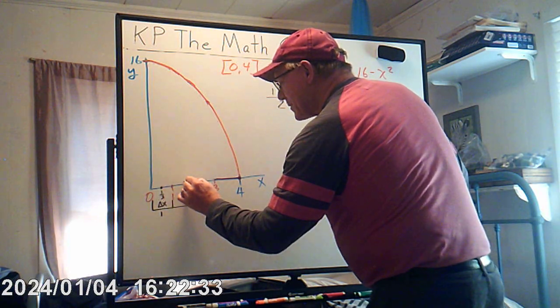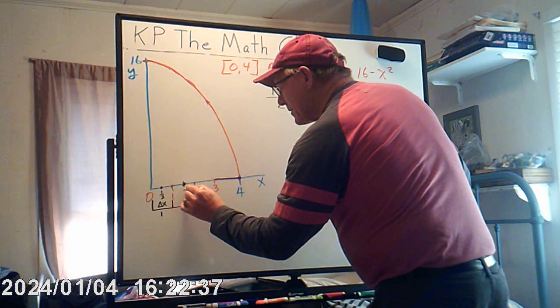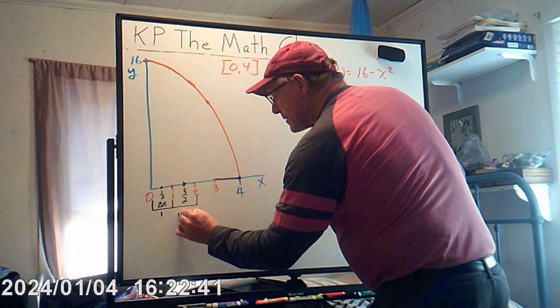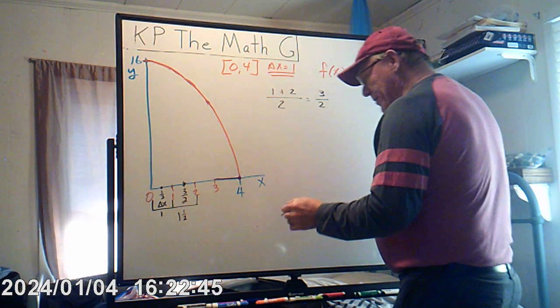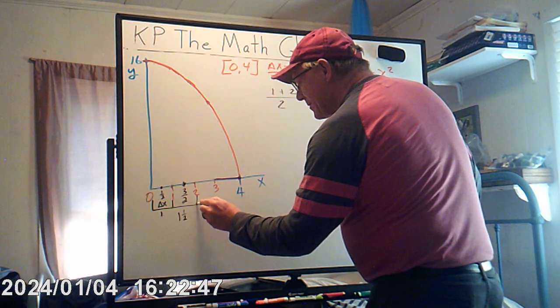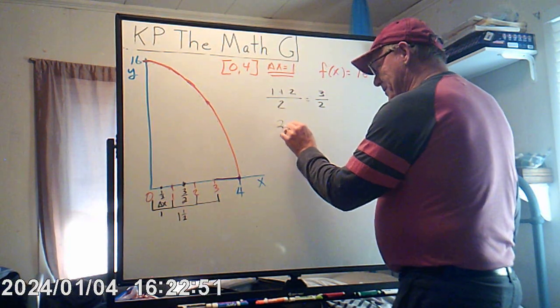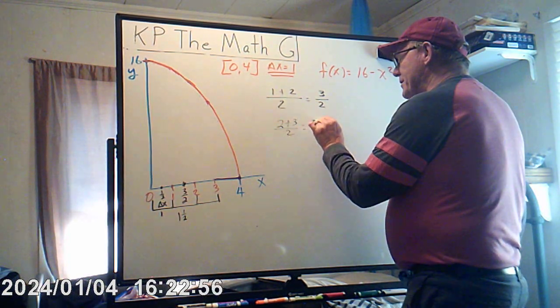Let's put a dash here and a point right here, and we'll call it 3 halves. That's 1.5, 1 and 1/2 right there. Between 2 and 3, we know what that is. That's 2.5. Again, 2 plus 3 over 2 is 5 over 2.